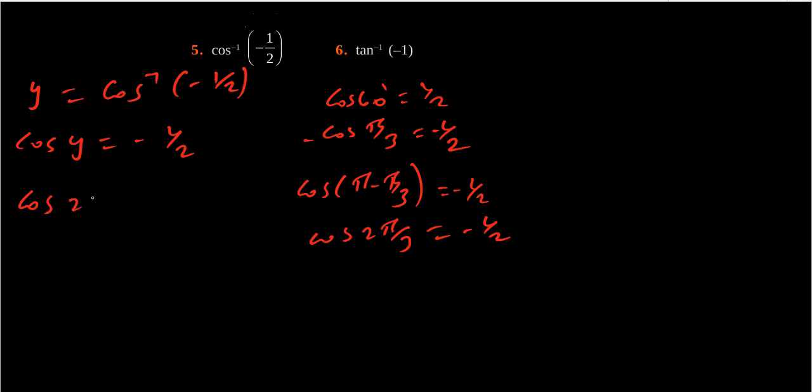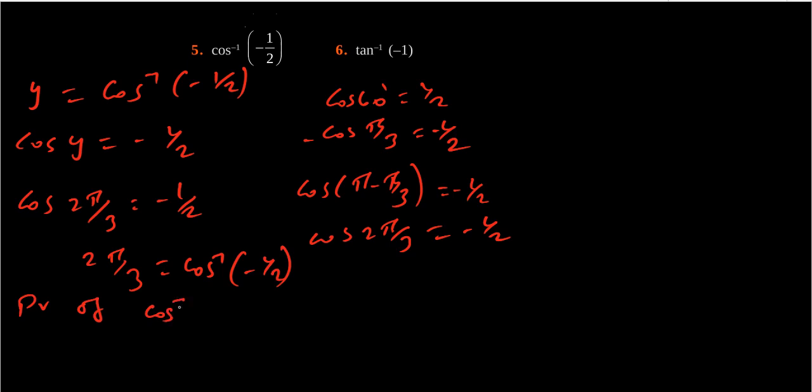If you bring cos to the right hand side, 2 pi by 3 is cos inverse of minus 1 by 2. So the principal value of cos inverse of minus 1 by 2 is 2 pi by 3. The principal value branch of the cos inverse function will be from 0 to pi.